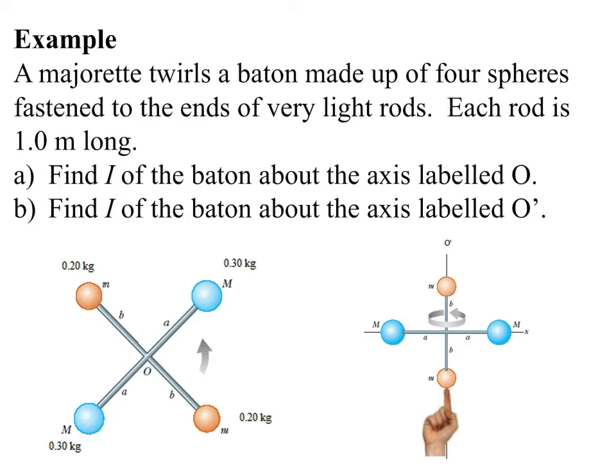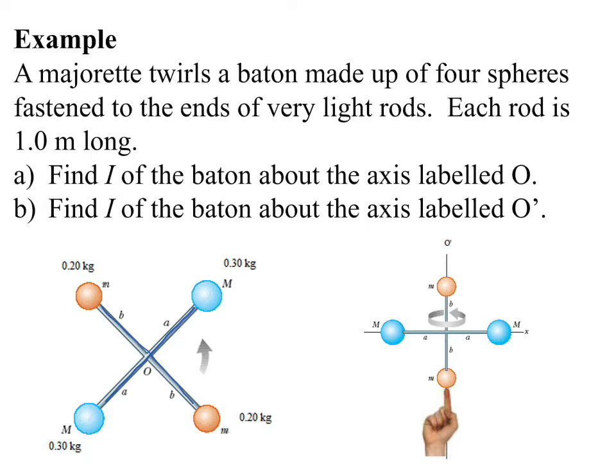So here we have a majorette twirling a baton made up of 4 spheres fastened to the ends of very light rods. The reason they're saying that is we can ignore the mass of the rods, because the rods' mass does affect rotational inertia, absolutely, since there's some mass in here and in here. But if they're light enough rods, then it won't affect it so much that we need to account for it in our calculation.